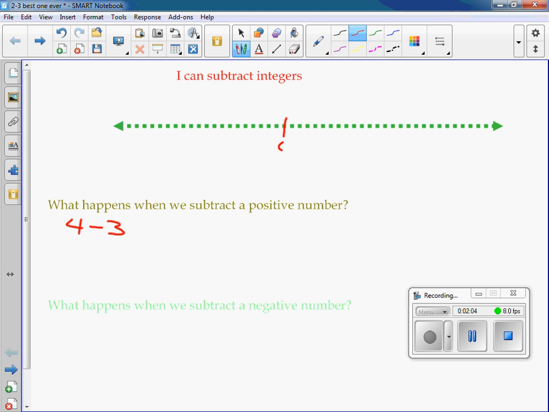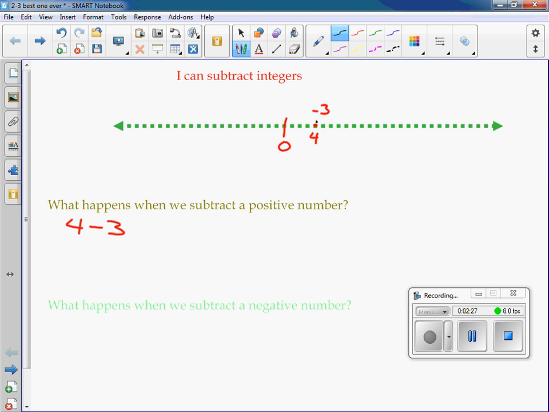So I'm just going to put in 0 right here, and I'm starting at 4. 1, 2, 3, 4. There it is. And we're going to subtract a positive 3. So what happens when we subtract a positive 3? We move to the left.